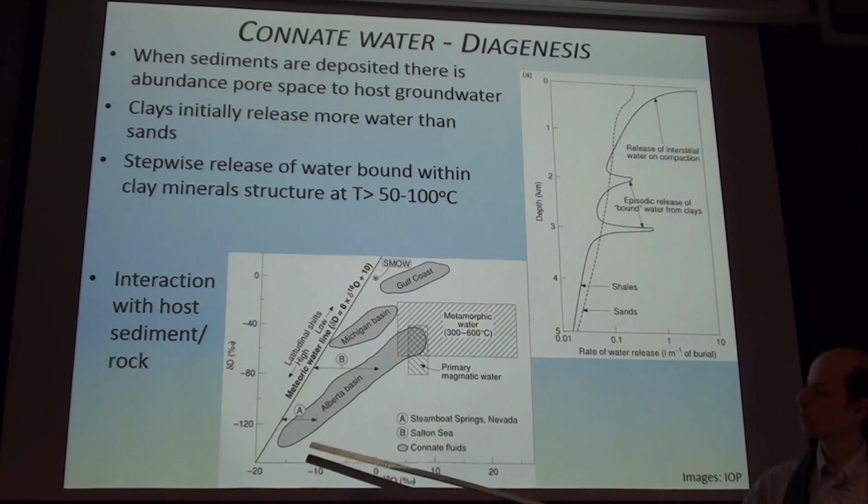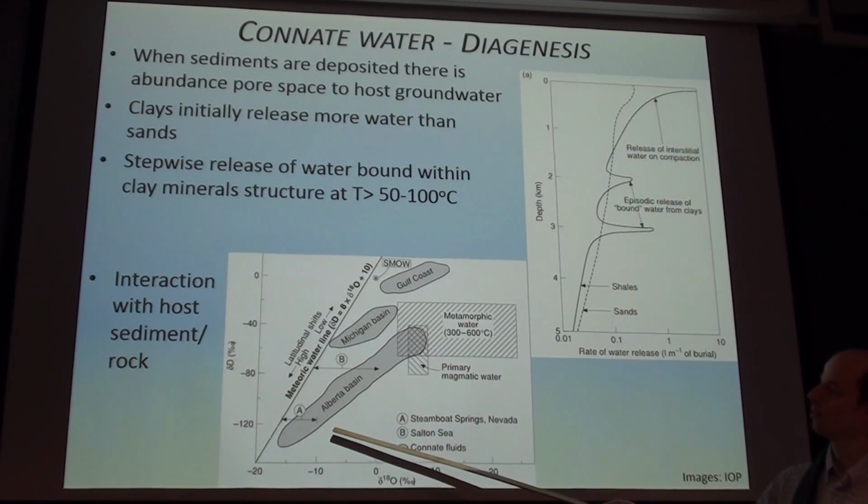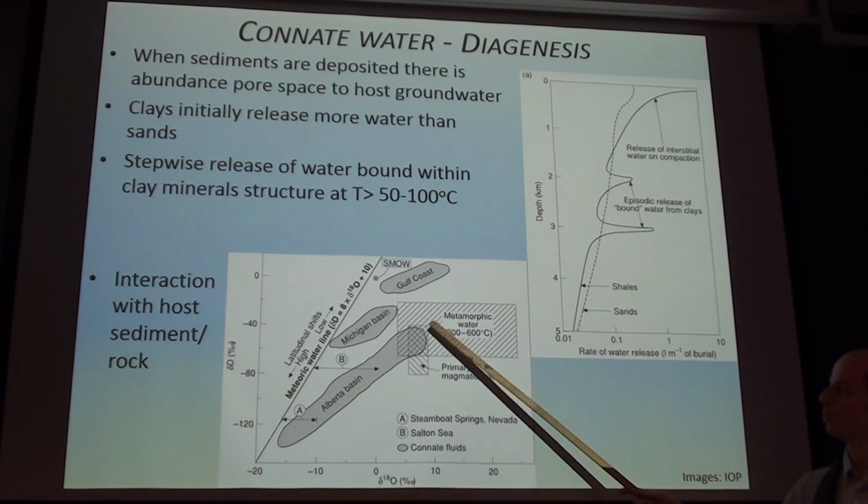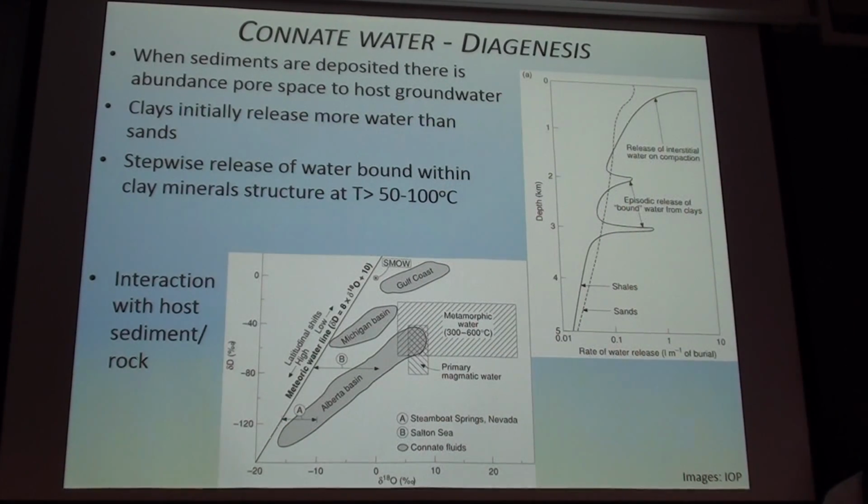The isotopes of the water from the sediments range from nearly meteoric to nearly metamorphic or magmatic. So there are several processes that go on; the deeper you go, the closer you get to metamorphic or magmatic fluids.